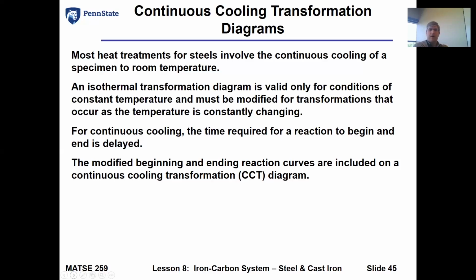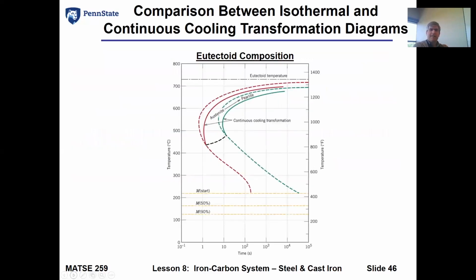So a quick and easy way to think about continuous cooling transformation diagrams is they are just modified TTT or isothermal transformation diagrams. And typically the way they're modified is that the lines get shifted to the right, or to longer times. And so the dotted lines in this, for this eutectoid composition, represent where they exist for a TTT diagram.